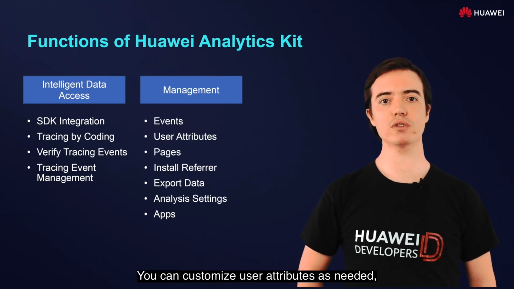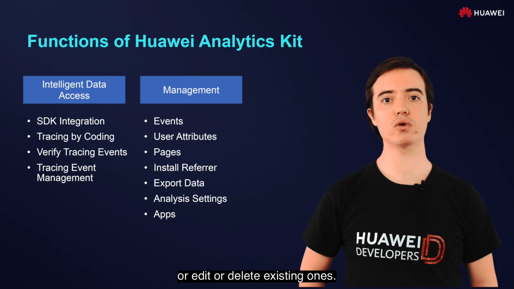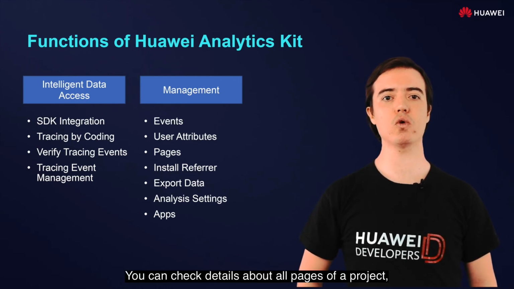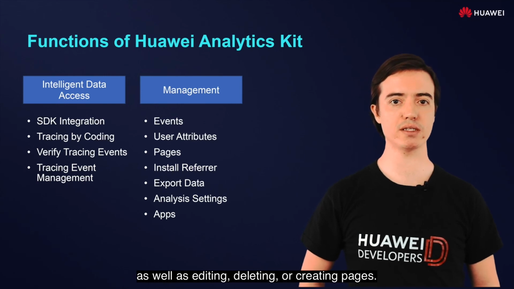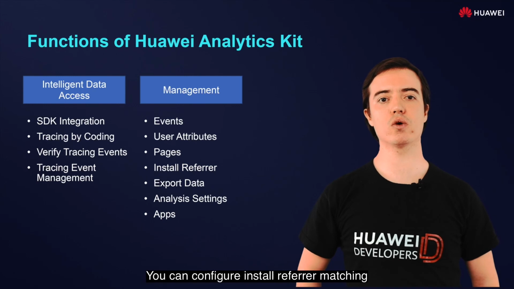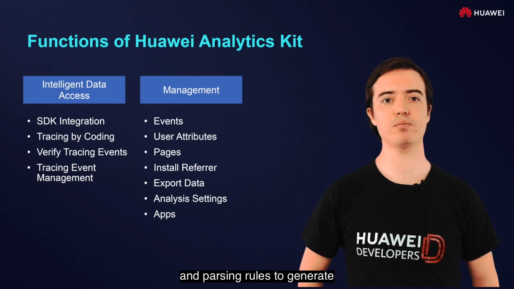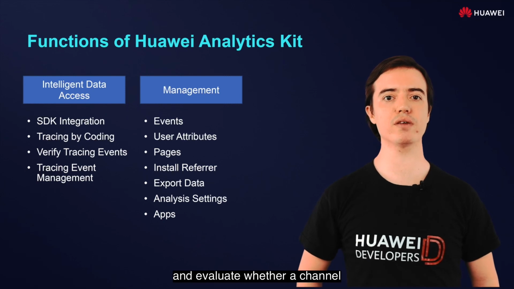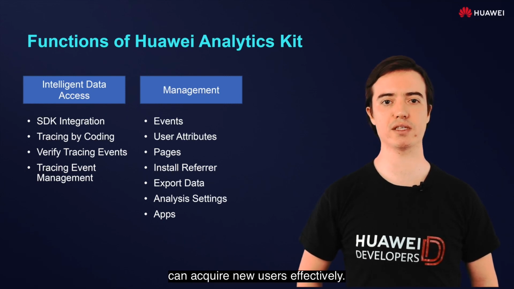You can customize user attributes as needed, or edit or delete existing ones. Pages. You can check details about all pages of a project, as well as edit, delete, or create pages. Install referrer. You can configure install referrer matching and parsing rules to generate an install attribution report and evaluate whether a channel can acquire new users effectively.